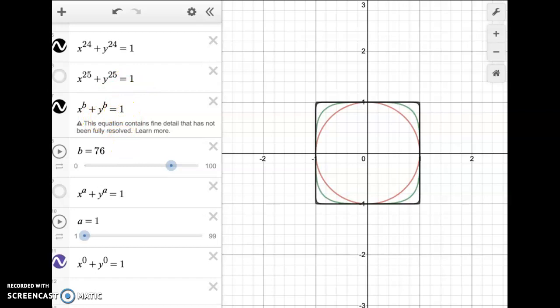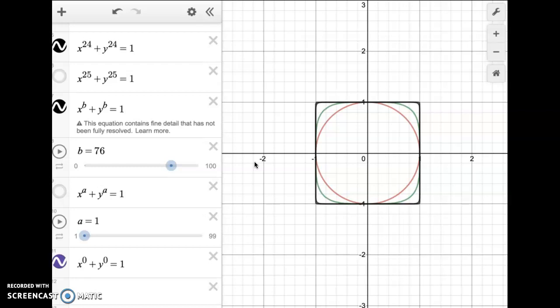We also know that in this certain equation, we're only looking at even numbers because those are going to give us our closed shapes. When you raise a number to an even exponent, whether the number is positive or negative, it's going to produce a positive number.